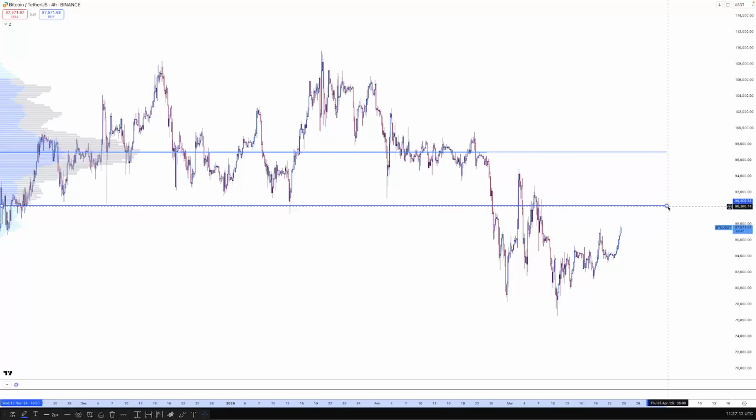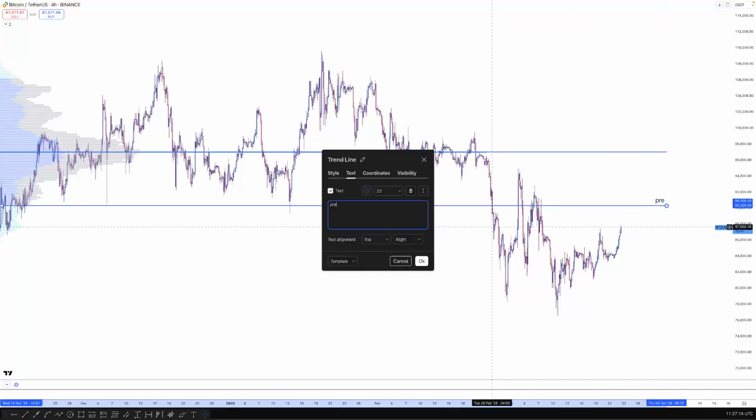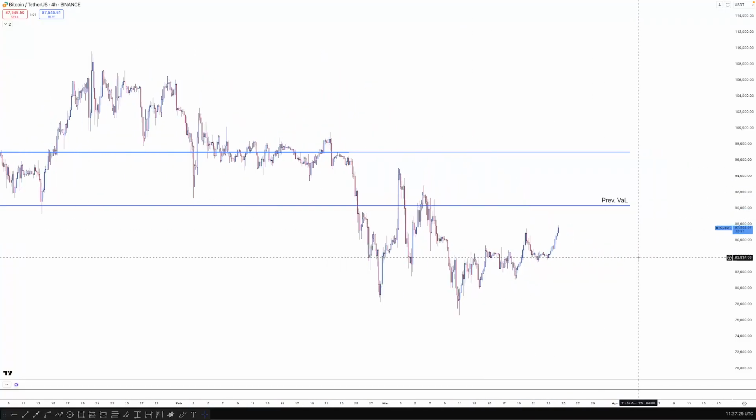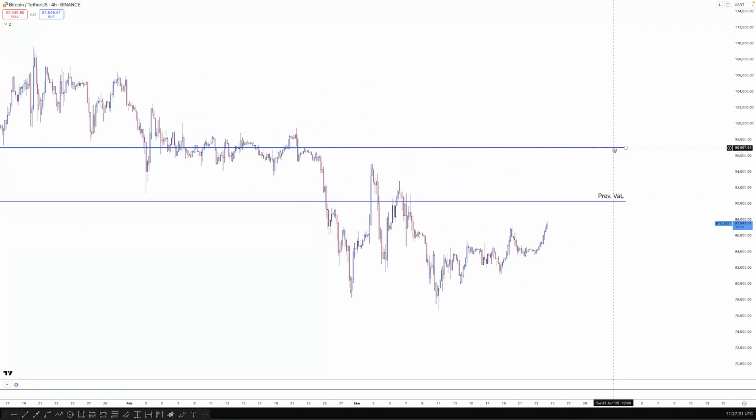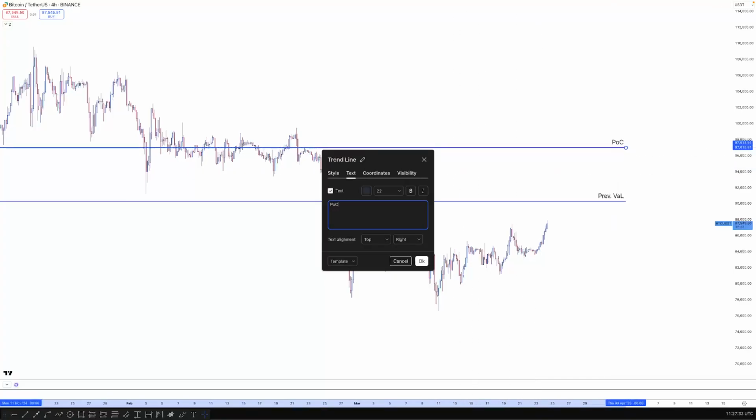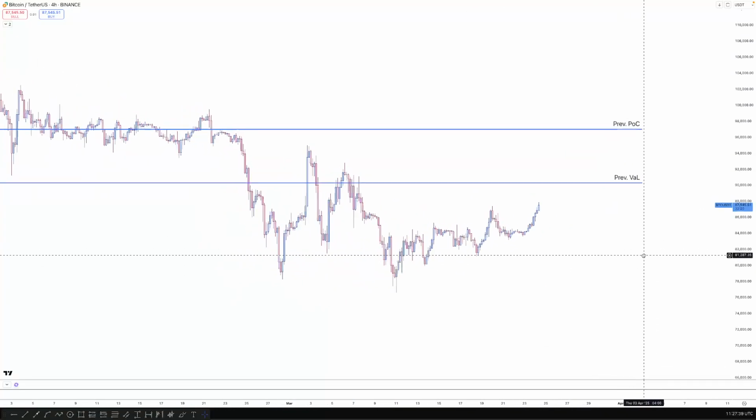We call this level the previous value area low, or range low, and this was the previous point of control. These are the levels of interest.